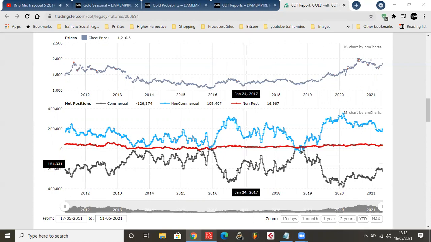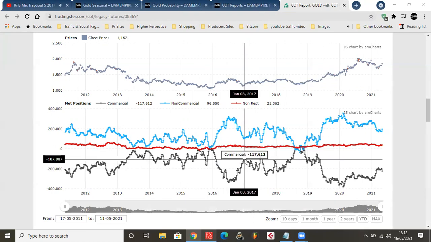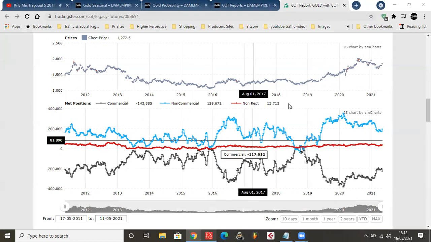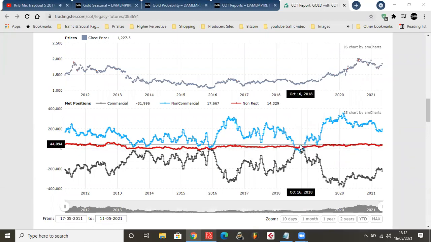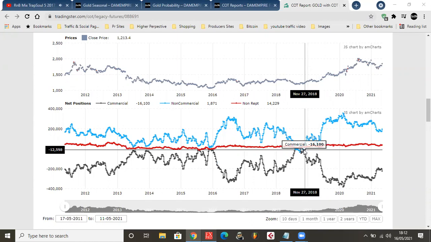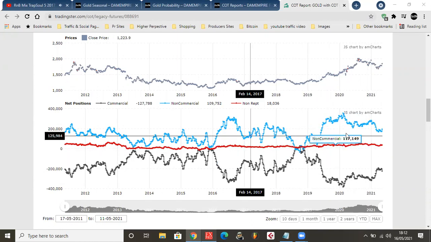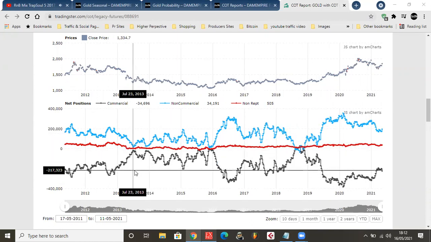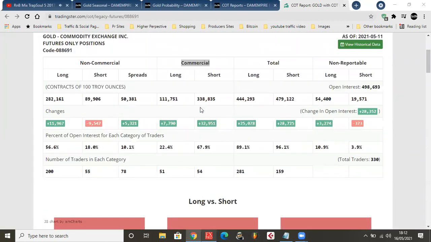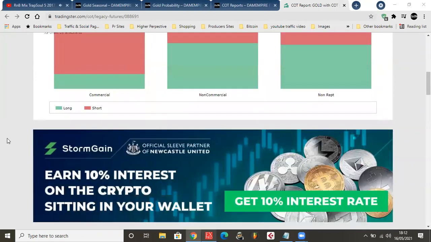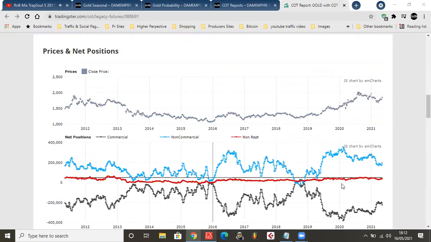The way I've adapted their strategy, the same thing occurred right here as well. You see, it hit a peak and then that, and here as well, here as well. So these guys are a lot more accurate than these guys. But the COT report is meant for long-term use, not short-term use. You understand? So the way I adapted it for short-term use, I look at the price change in a week and use that for our analysis, because we can't say, okay, because of this trade now we have to wait years.